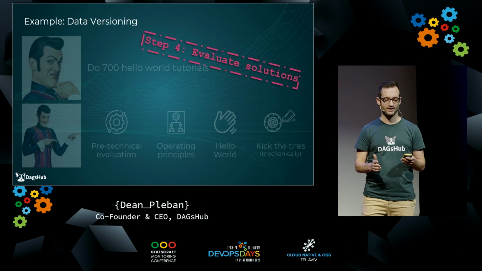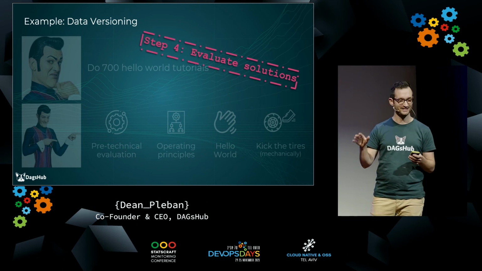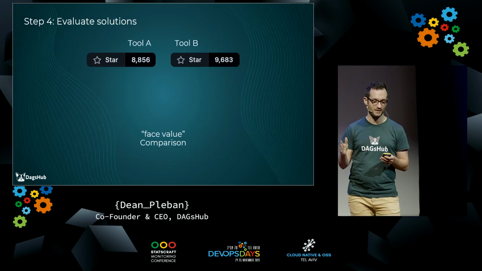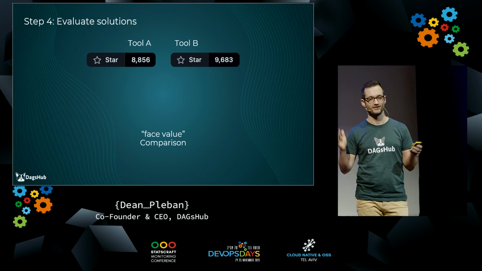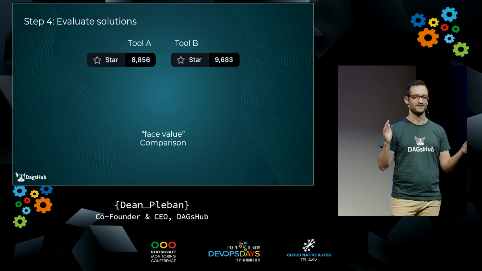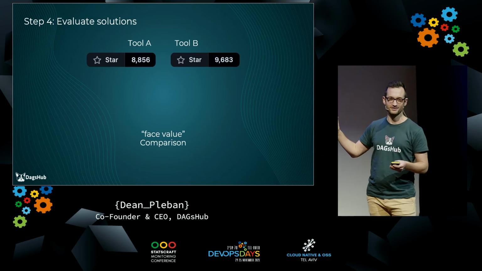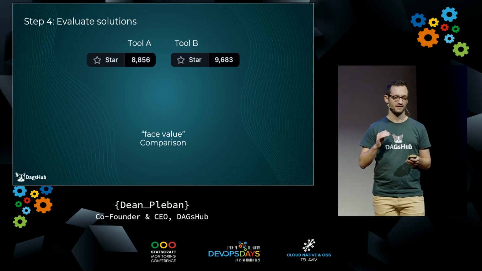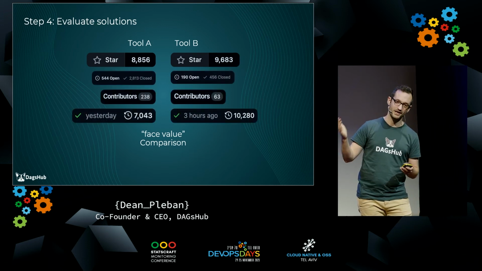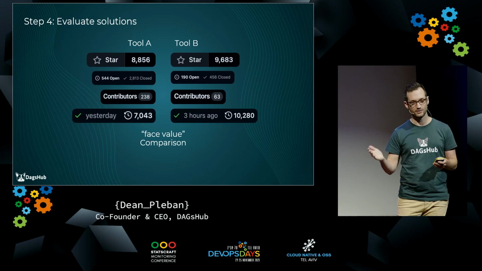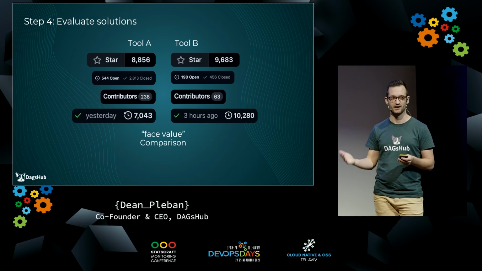So pre-technical evaluation, or sorry, this is the evaluate stage. And let's talk about pre-technical evaluation. Usually we go with GitHub stars, right? Everyone knows that if your tool has a ton of GitHub stars, it is awesome. And I'm not trying to take away from that, but I think that GitHub stars are many times less indicative than other things, like how many open and closed issues there are, how many contributors there are, when was the last commit.